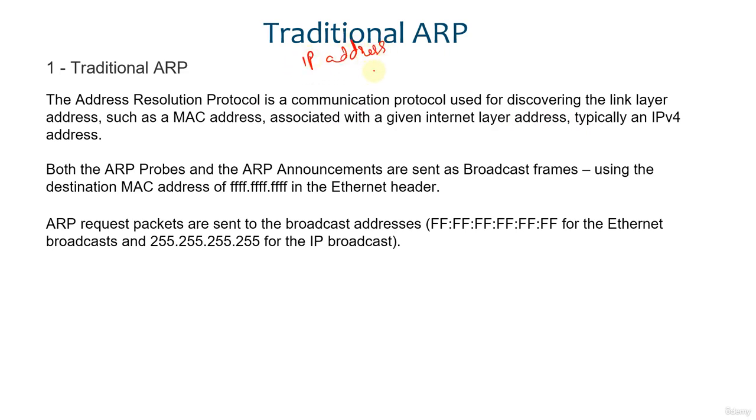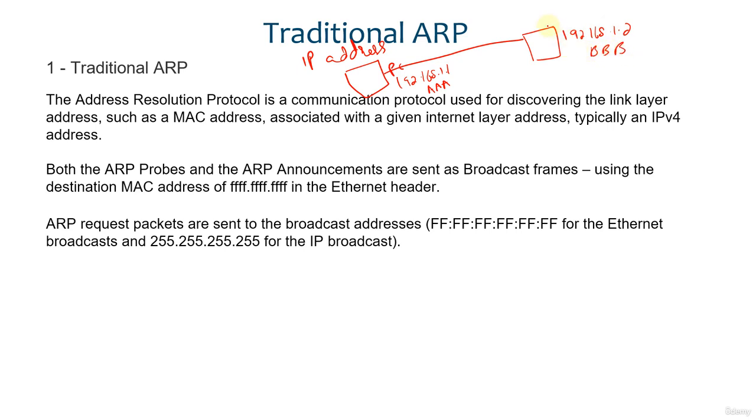known. For example, we have this one PC which has IP address 192.168.1.1, and we know that this computer itself knows about its MAC address as well, which is, let's say, AAA. On the other hand, we have another PC whose IP address is 192.168.1.2 and the MAC address is BBB.